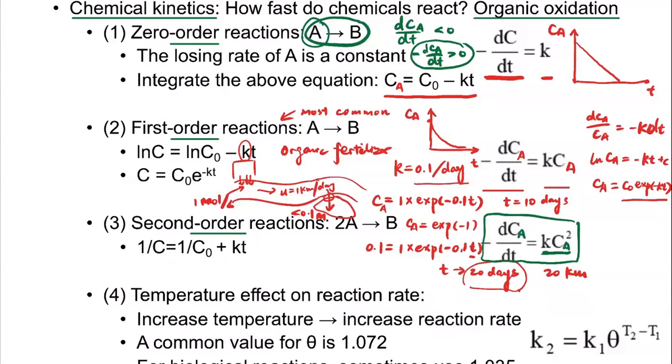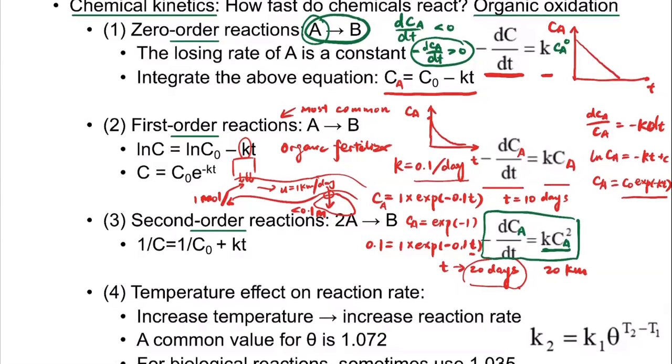Zeroth order means it's proportional to the concentration to the zeroth order, which is equal to 1, right? The first order is proportional to the concentration to the first order, and second order is proportional to the concentration to the second order. So that's how we classify these reactions into different orders.